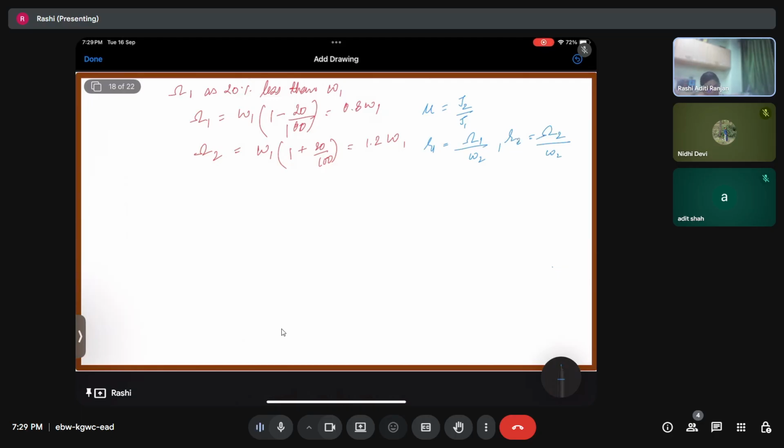Okay, so r1 square, r2 square is going to be nothing but 1 plus mu by 2 plus minus under root of (1 plus mu by 2) square minus 1, right?